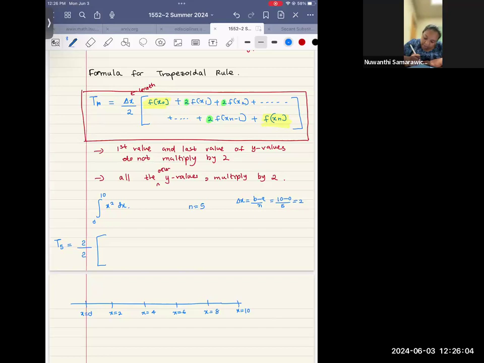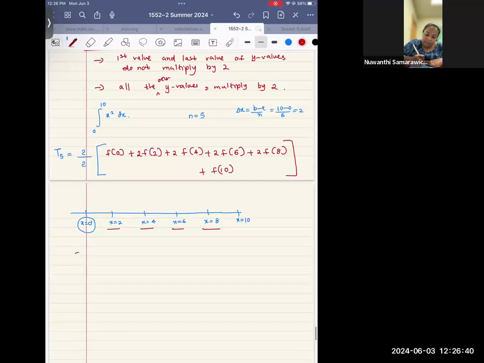The y value of the first point we don't multiply, so we just write f(0) plus, and all the y values of the middle points we multiply by 2: 2 times f(2), 2 times f(4), 2 times f(6), 2 times f(8), and the last point also we don't multiply by 2. So this is the trapezoid rule.